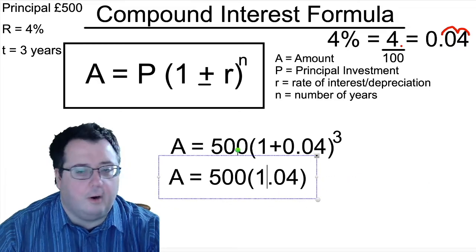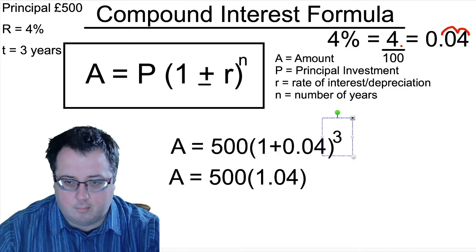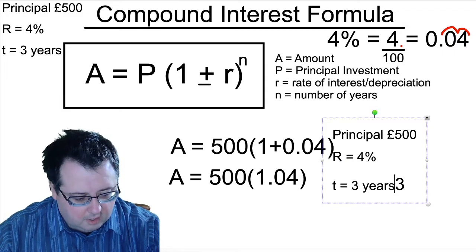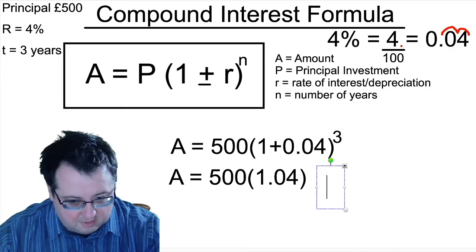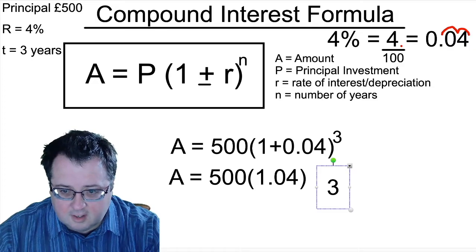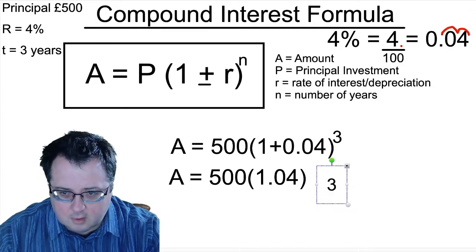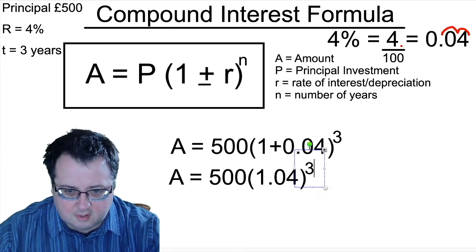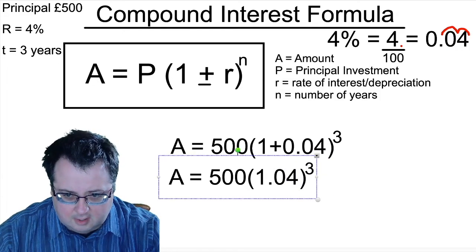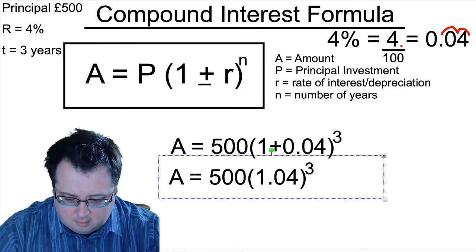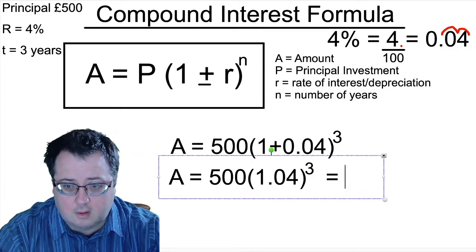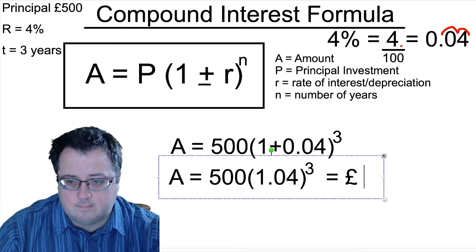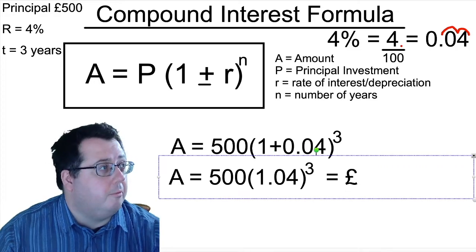And then we will raise this to the power 3. I'm not having a good day today. It doesn't want to accept my 3s, which is not good. If I go back to this box now and I extend it again, put in an equal sign, there we go, my pound will come out, and we're going to work this out.